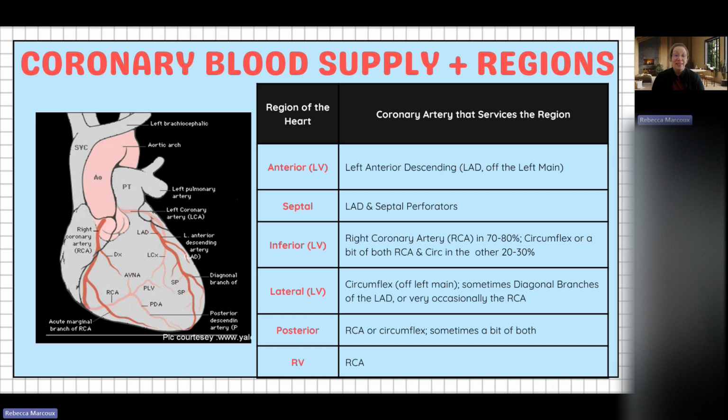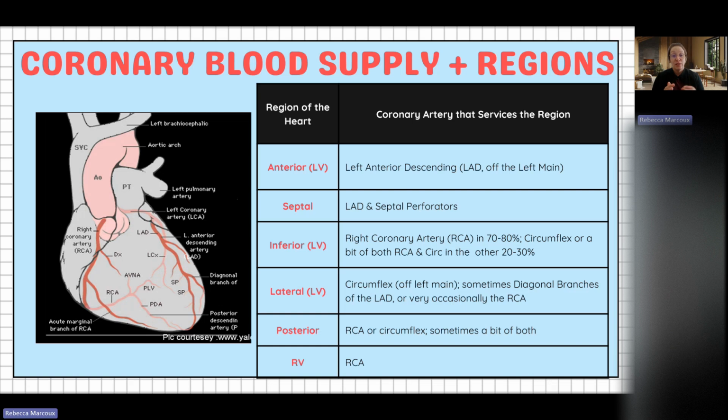However, it can sometimes be that circumflex, which we talked about, which branches off the left main and wraps around the underside of the heart there. Or sometimes it's a bit of both. It just depends on the dominance pattern that the patient has. Next, we have the lateral portion of the heart, which again, we're referring to the lateral left ventricle, which is over here.